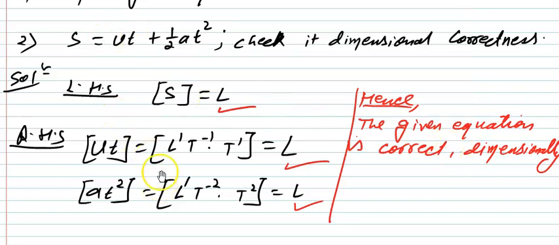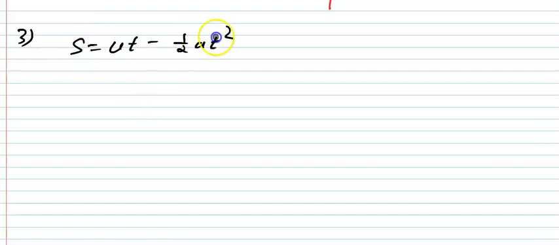Let us move to one more example. Third one, S is equal to ut minus half at squared. So be careful, it is also a correct equation because it is dimensionally correct.